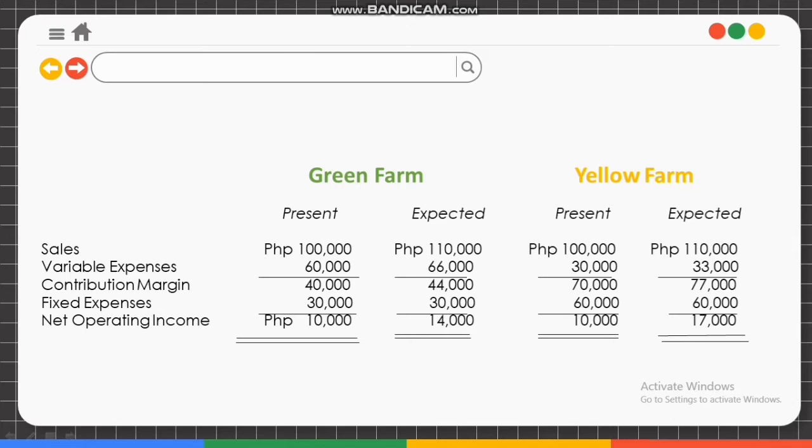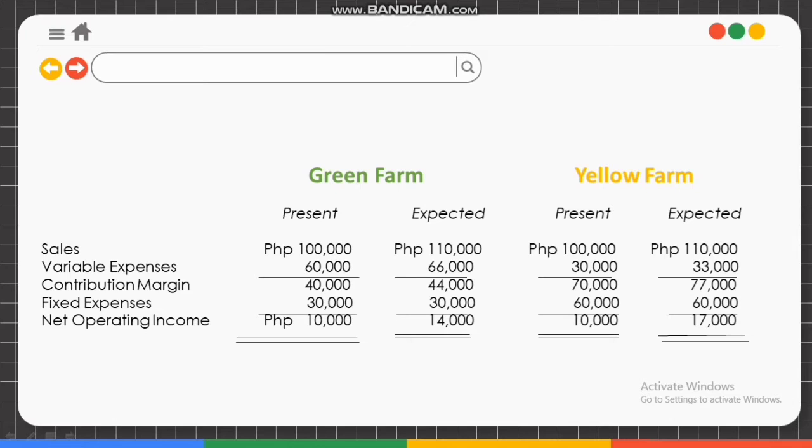So, dito naman sa Yellow Farm, ang present sales is 100,000 pesos and expected sales is 110,000 pesos. The present variable expenses is 30,000 pesos and expected variable expenses is 33,000 pesos. So, ima-minus uli natin ito. 100 minus 30 is equals to 70,000 pesos.